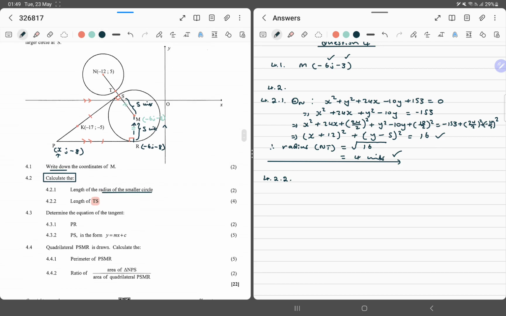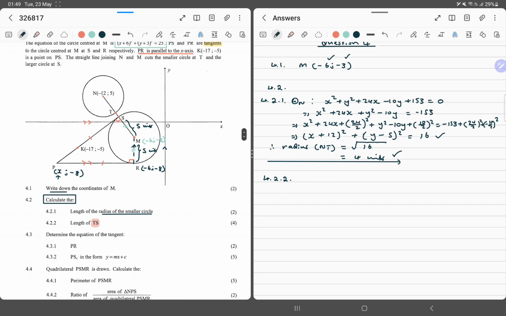Now TS, if we're looking at TS, we can see that it is made up of NT, which we now just found out is 4 units, and this 5 units of the radius SM plus the entire length of NM.